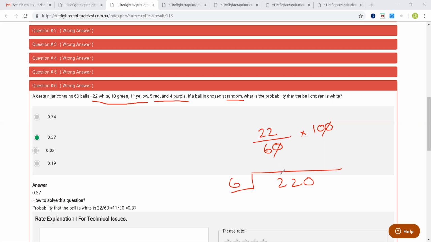Let's see. Now 2 is smaller, so we have to go 2 digits. 22 is bigger. 18. So if I multiply 3 by 6, I get 18, and minus that. So 22 minus 18 is 4, and then we can copy the 0. Now 6 in that will come 5 and 6.